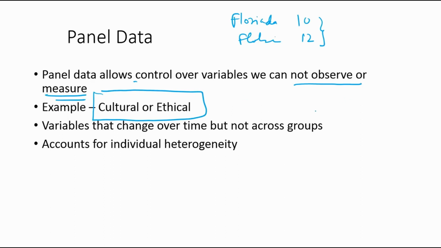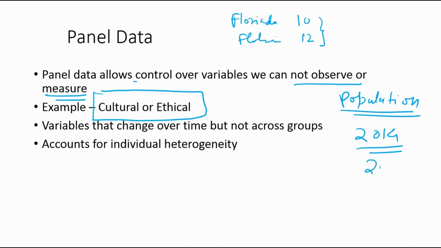For instance, if you are doing an analysis of population data for a particular year, let's say 2014, you wouldn't be able to find out how certain aspects of the population are changing over time, for instance the cultural aspect, the ethical aspect.